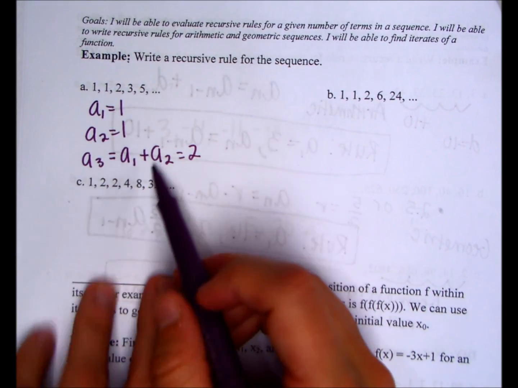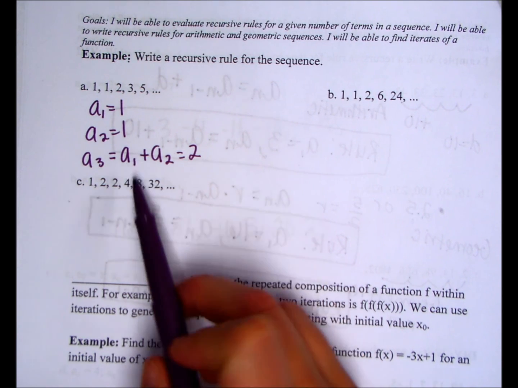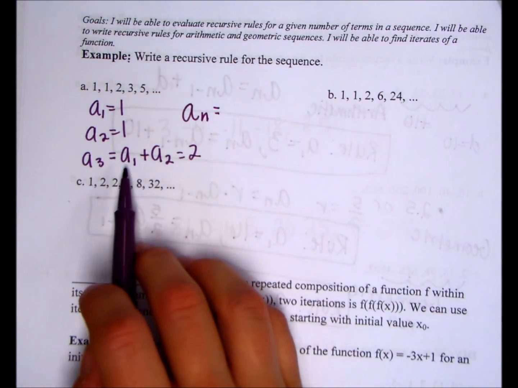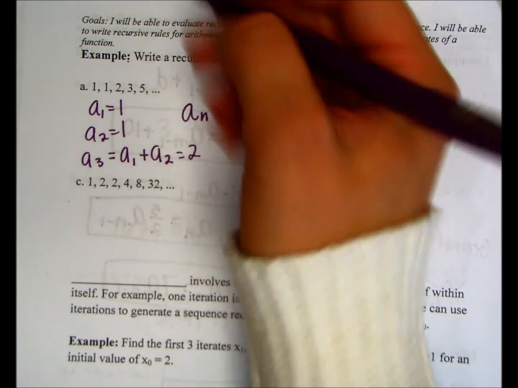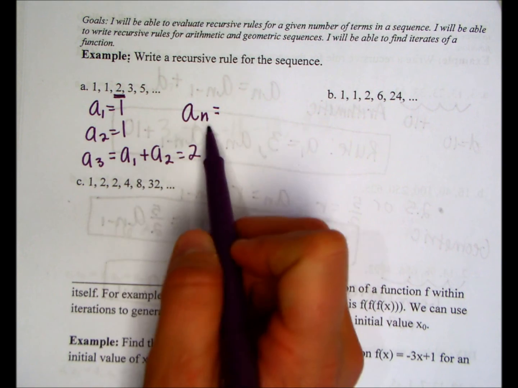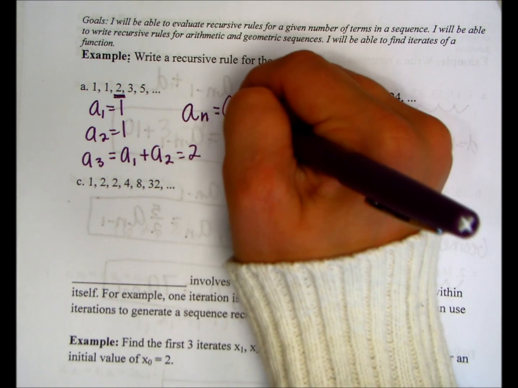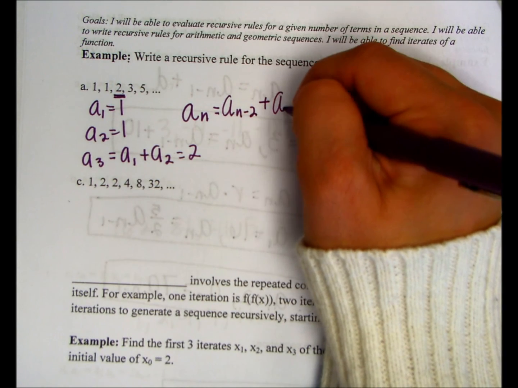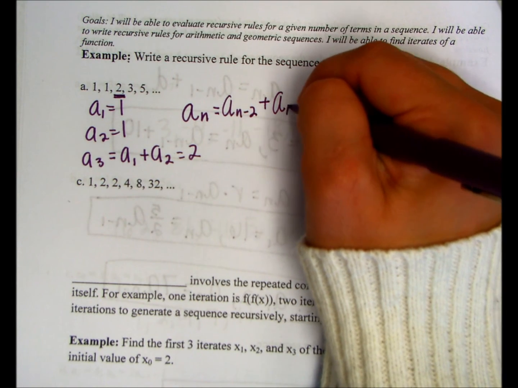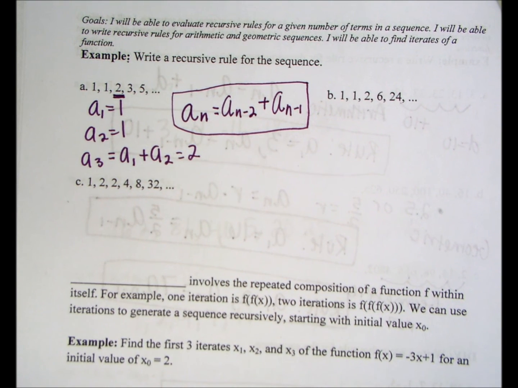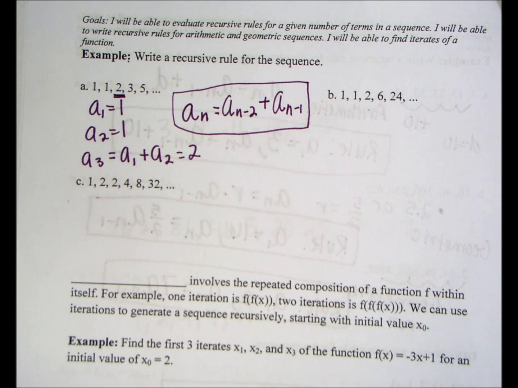So when I write my rule, what I have is a sub n equals... Here I was looking for my third term. A sub 1 was 2 behind n. So a sub n minus 2 plus the 1 directly behind it, a sub n minus 1. And that will give you the rule for this sequence.